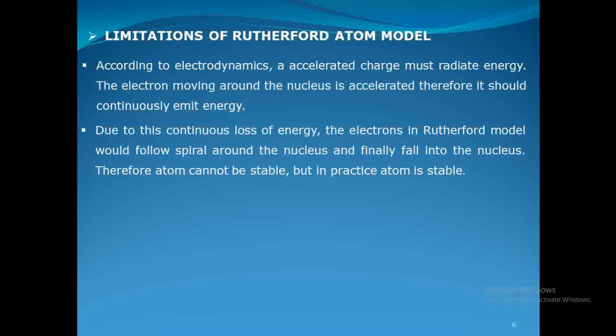Whenever the electron collides with the nucleus, the atom would be unstable, that is, it should have been demolished. So the Rutherford atomic model could not give any reason for the stability of the atom. Once again, the Rutherford atomic model was a failure in explaining the structure of the atom.